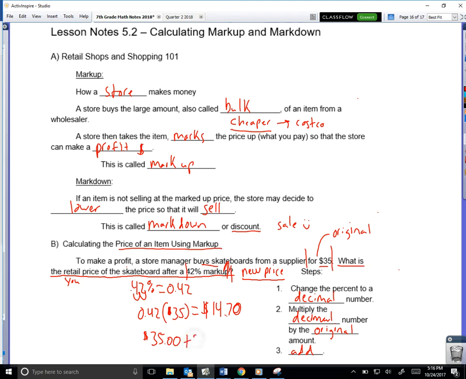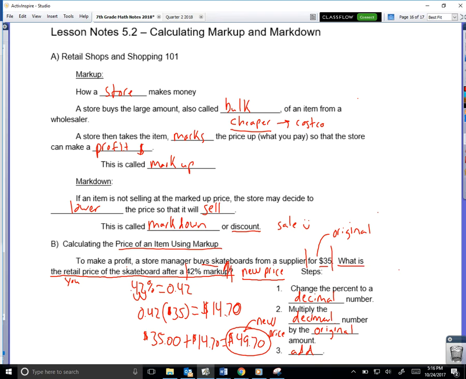Here comes the markup, that's how much the store is putting on. And then the retail price, what you're going to pay, is going to be $49.70. So that's going to be the new price in the store. That's how we'd go about calculating a markup.